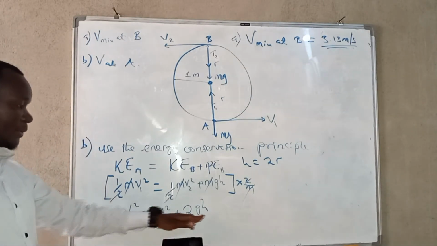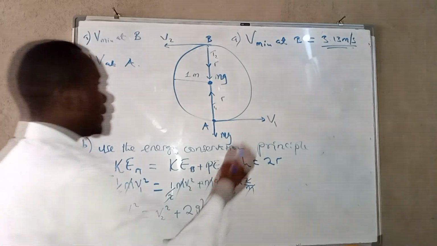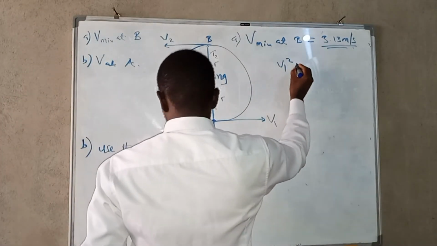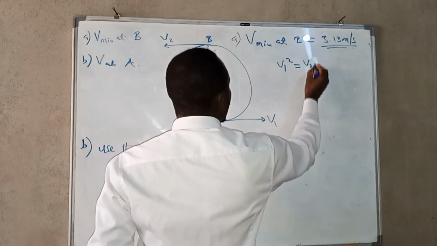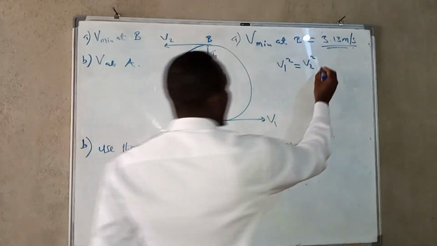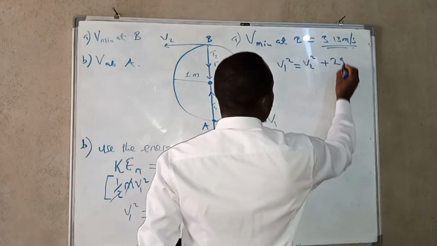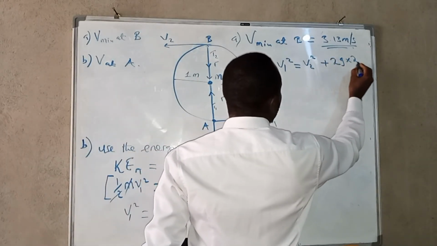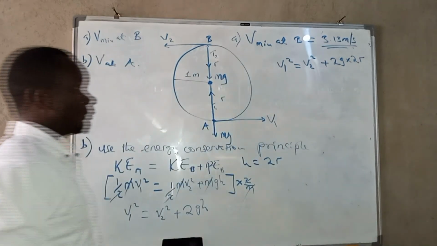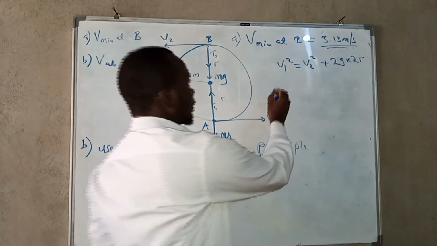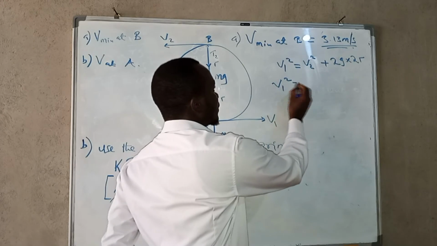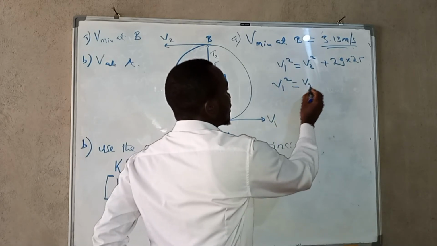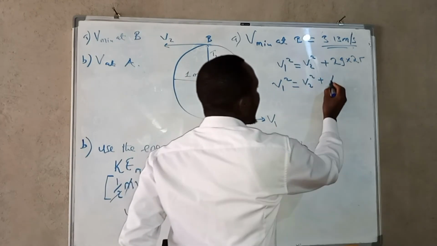And since h is equal to 2r, we have v1 squared equal to v2 squared plus 2g times 2r. And we can go on: v1 squared is equal to v2 squared plus 4gr.